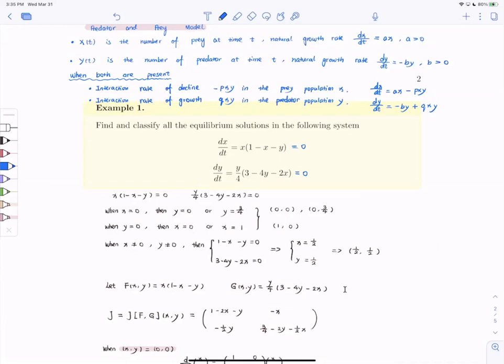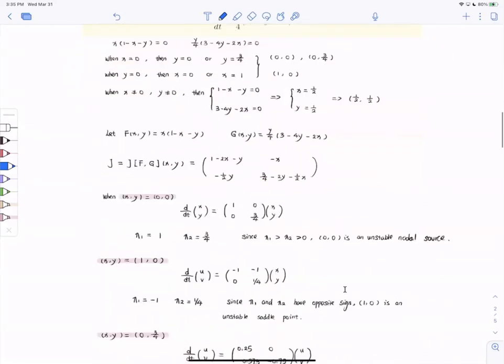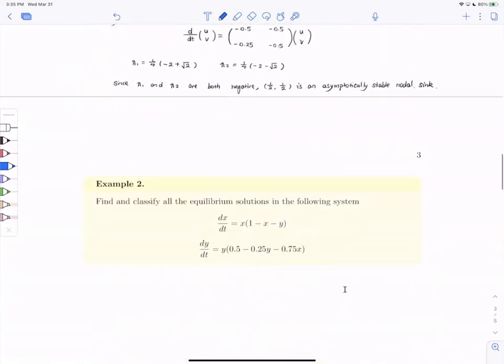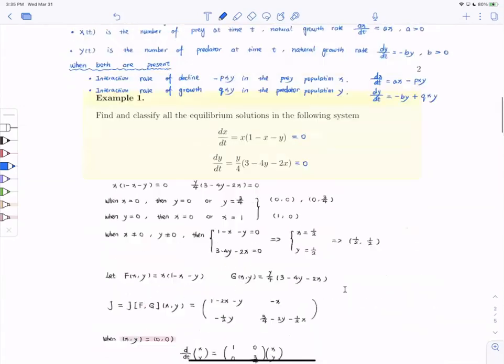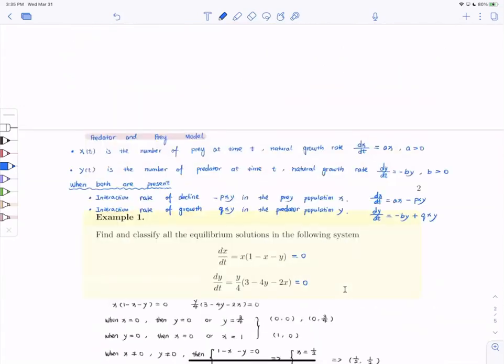And the second one is the competition system. Where do I write it? Let's write it here. So we will have another system. This system is called the predator-prey system.